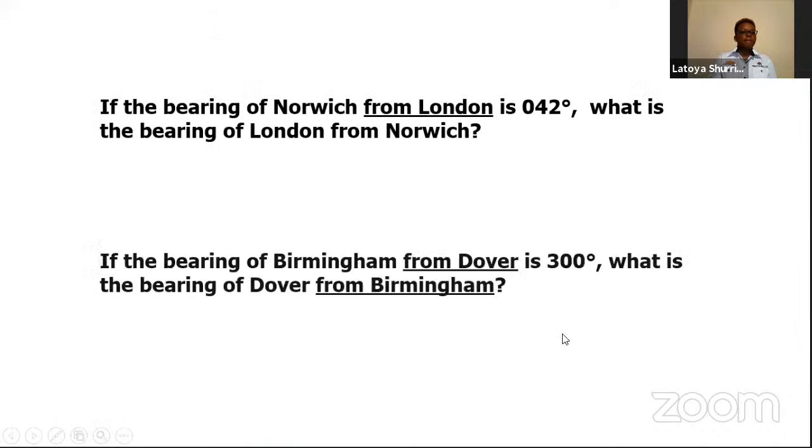All right, so if the bearing of Norwich from London is 042 degrees, what is the bearing of London from Norwich? And we spoke about this earlier. If this was a multiple choice question and they didn't give you any diagram, how would you determine the bearing of London from Norwich?